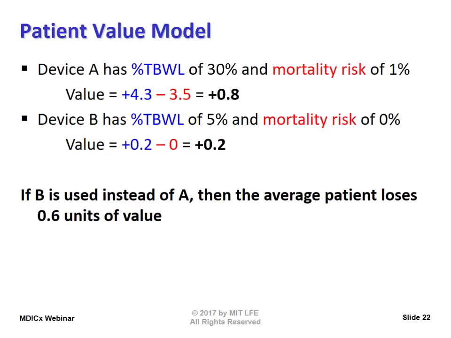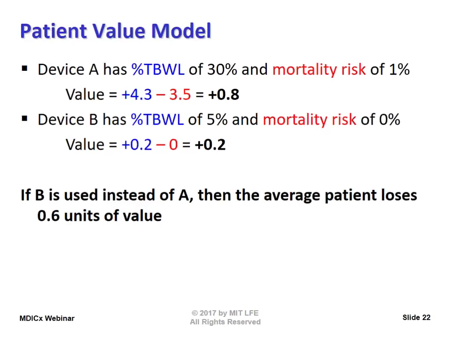On the other hand, consider a second device that has a % total body weight loss of 5%, but no mortality risk. If we again look at the patient preference scores for these attributes, we see that this device would provide the average patient with 0.2 units of value.